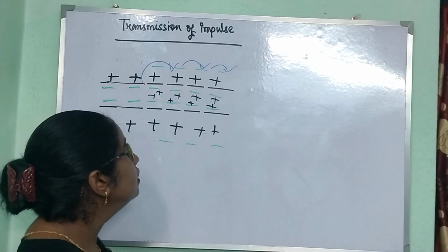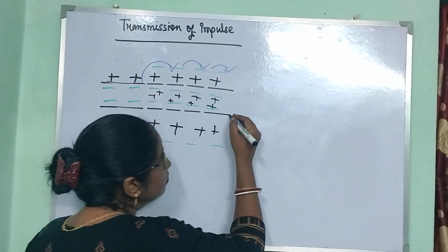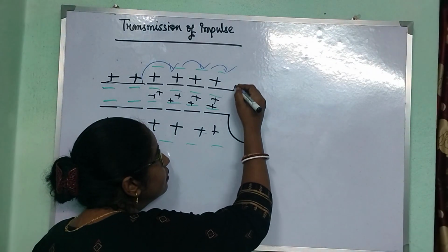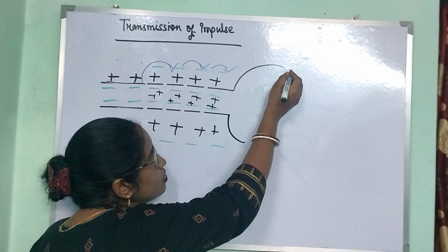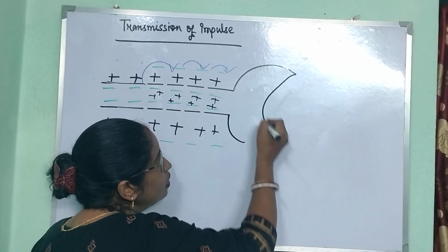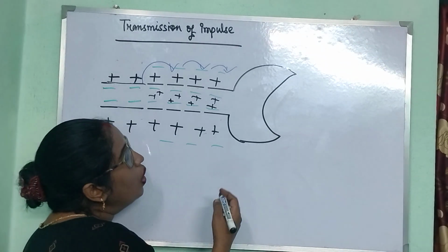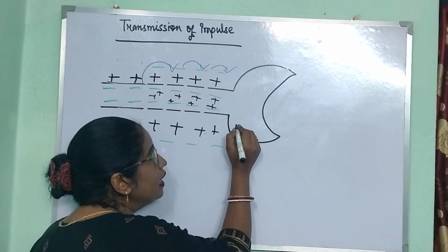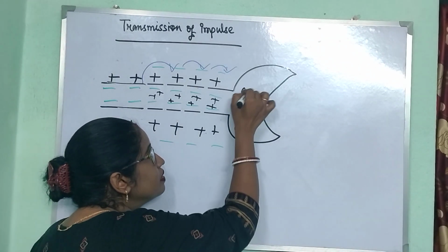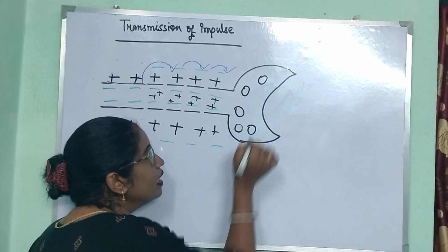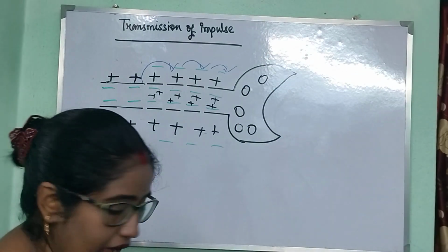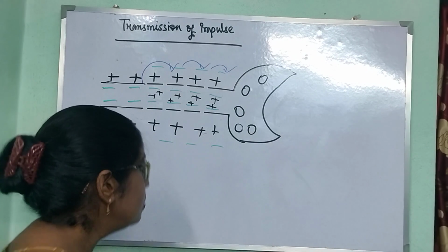When the impulse reaches the end portion of the axon, the end bulb contains many vacuole-like structures and some granules in it.